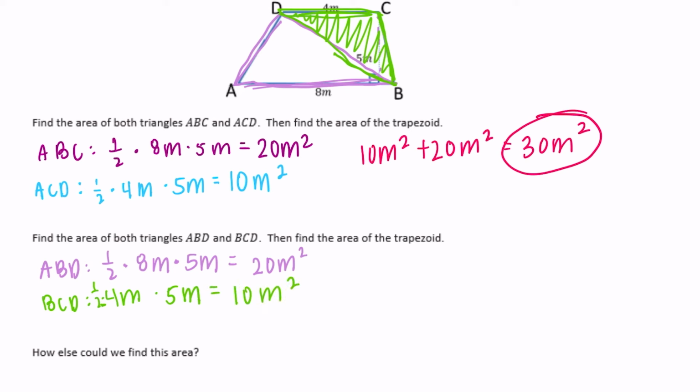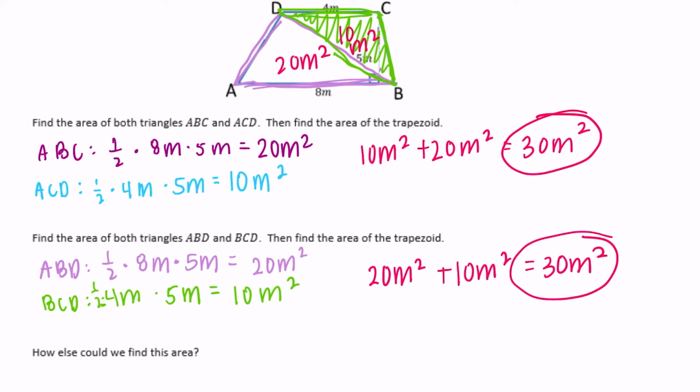So if this is 20 meters squared, this is 10 meters squared, then together we could do 20 meters squared plus 10 meters squared is equal to 30 meters squared. So again, the whole point here is that you can decompose it different ways and you will still get the same answer.